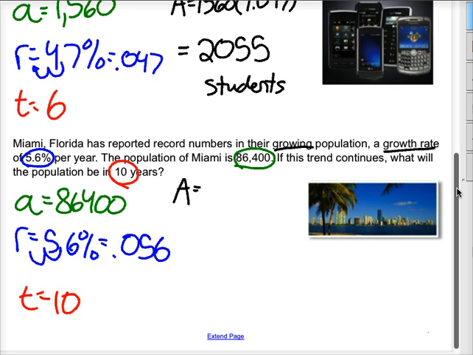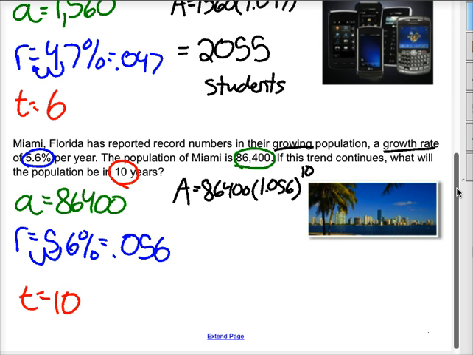So let's calculate this out. So 86,400. Now we're talking about exponential growth, so 1 plus 0.056 to the 10th power, because we're looking for 10 years.